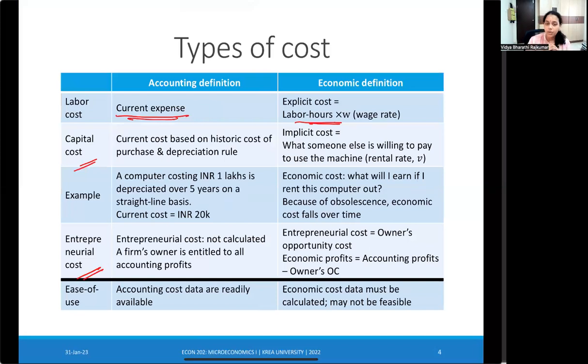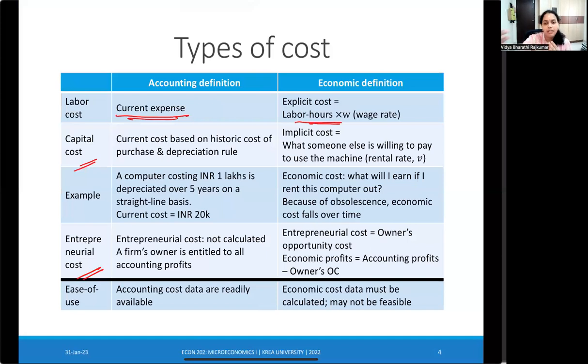How the economist would look at it is that this investment that I make into purchasing the computer, that 1 lakh is gone. That is going to be sunk cost. I can't recover that money anymore. But once I have the computer in hand, is there some alternative use that the computer could be put to?